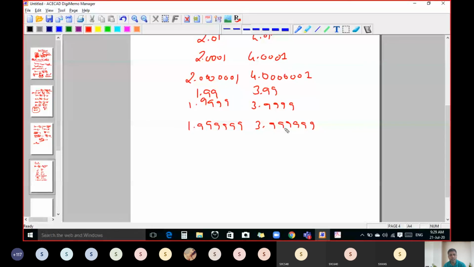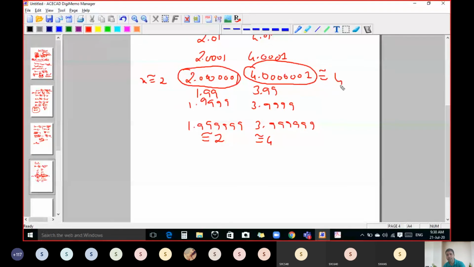So we can say that it is not exactly 2 but nearly 2. And here we get it is nearer to 4. Same thing, this number 2.00000 is very nearer to 2. And in that case this number is very nearer to 4.